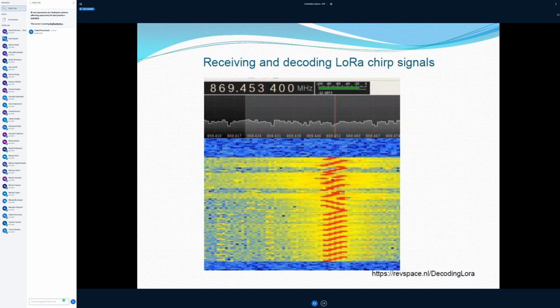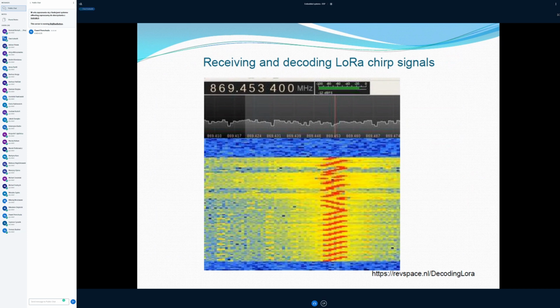And here you have the real signal, when you have for example, at the beginning, a synchronization preamble, and then here you have the real data sent in a given band.